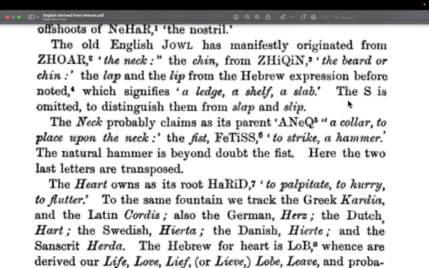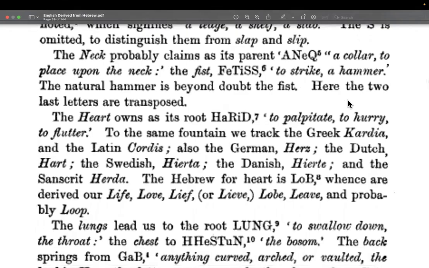The S is omitted to distinguish them from slap and slip. The neck probably claims as its parent a knock, a collar to place upon the neck.